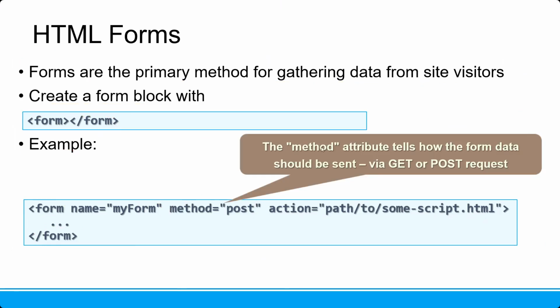The method attribute tells how the form data should be sent. Now, it is too early to mention about this one, but maybe after 3 or 4 weeks, you will see more how we can define this one, whether it is using get or post.